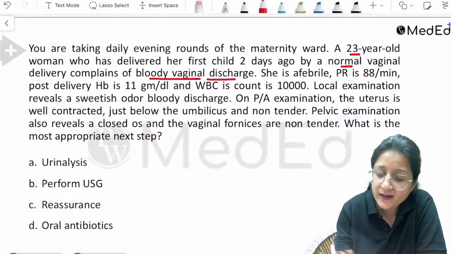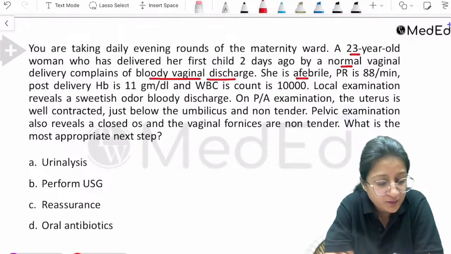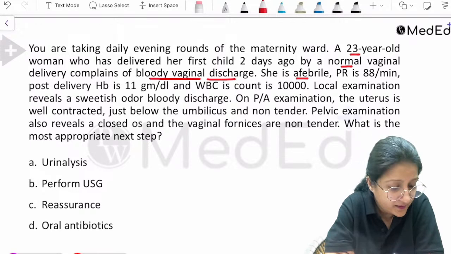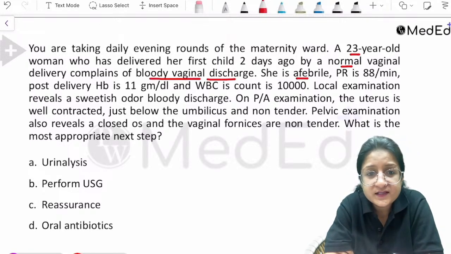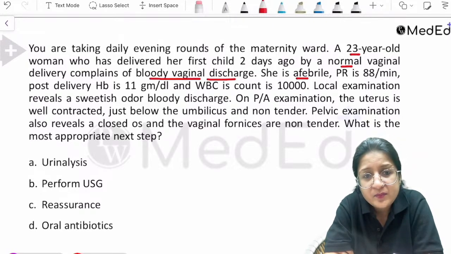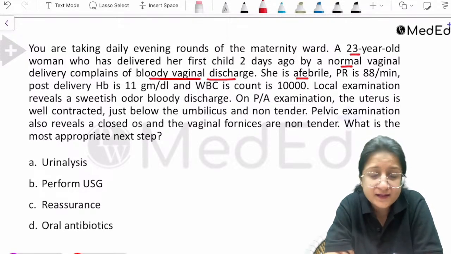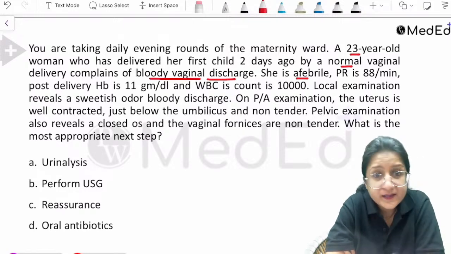She is afebrile, pulse rate is 88, post delivery HB 11, WBC count is 10,000, and the uterus is well contracted just below the umbilicus and non-tender. Pelvic examination also reveals a closed os and the vaginal fornices are non-tender. What is the most appropriate next step?